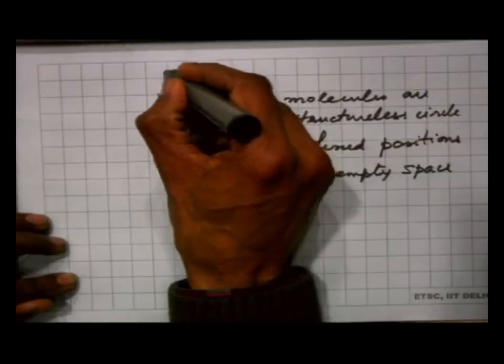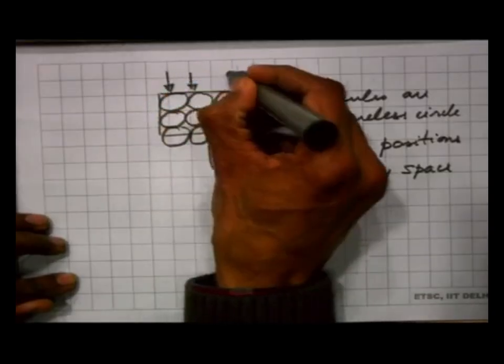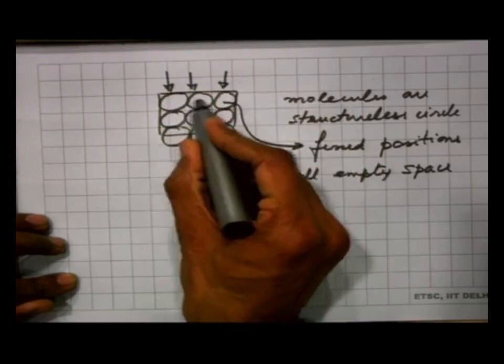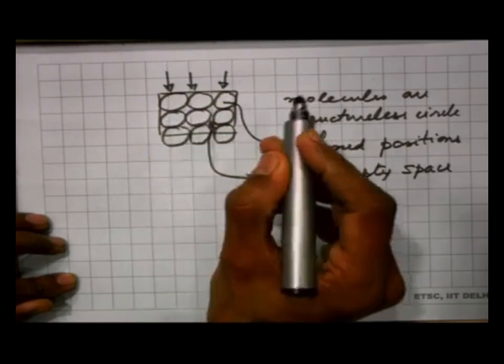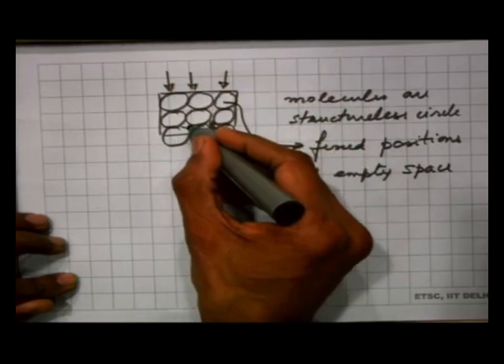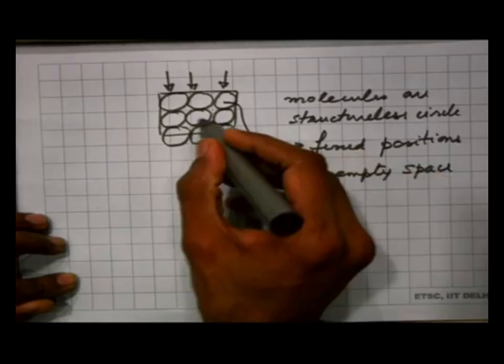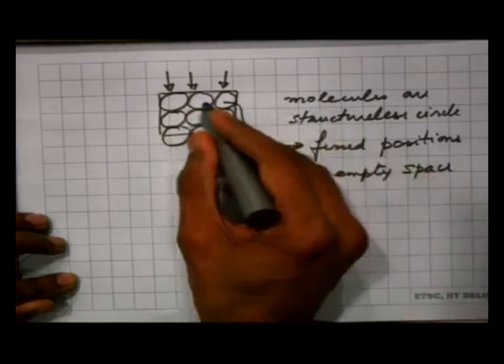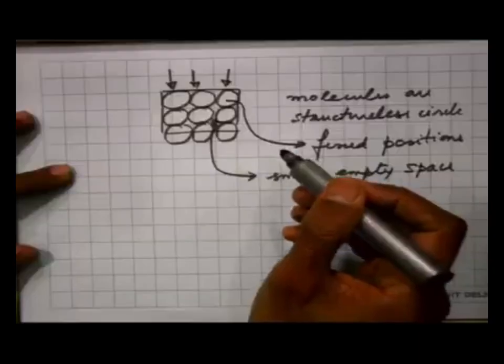So, if you apply pressure on the solid from here, because the molecules are on top of each other, you cannot compress it. Also, because the empty space is small, you cannot compress it. As a result of the spheres touching each other, you do not have very much empty space. So, you apply pressure, this has nowhere to go.